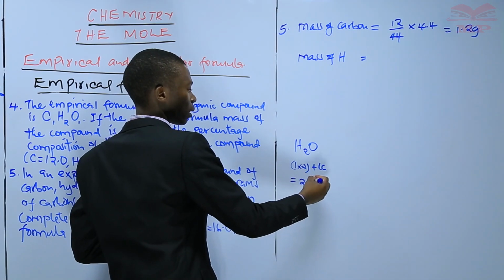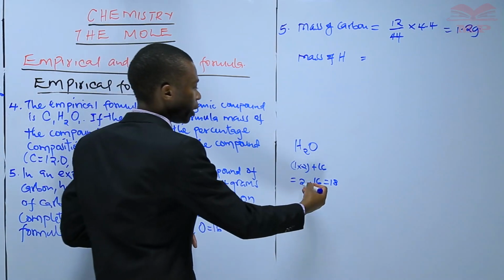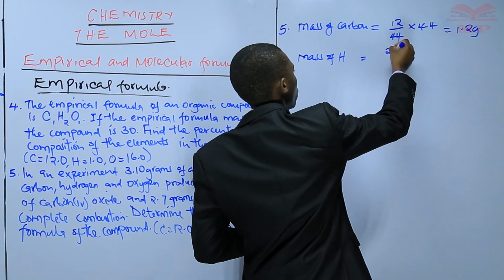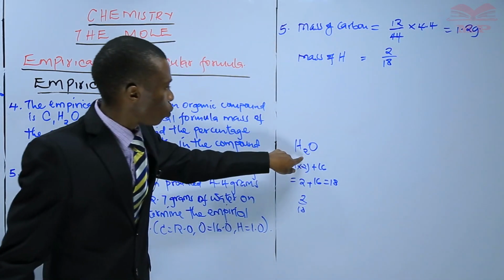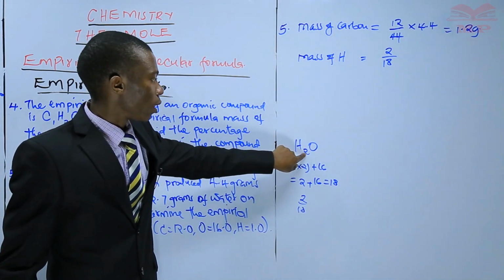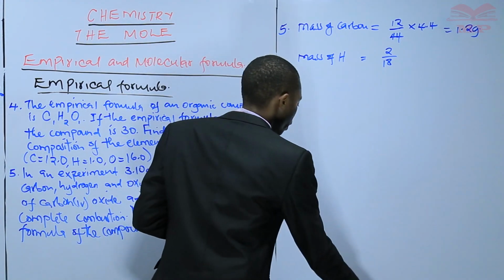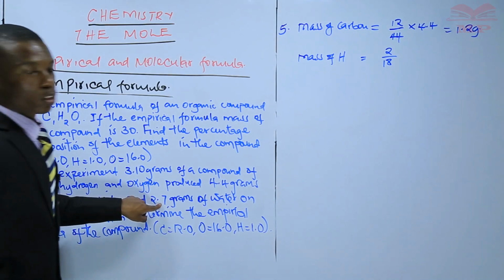This gives 2 plus 16, which is 18. The mass of hydrogen will be 2 over 18. It is 2 because we have 2 atoms of hydrogen. So 2 divided by 18, then you multiply by the mass of water, which is 2.7.